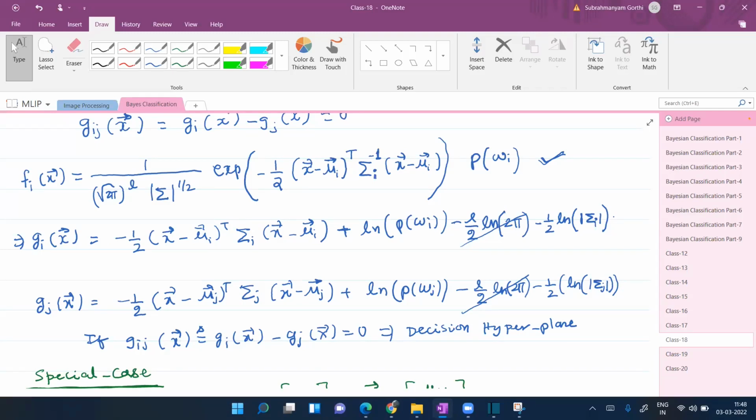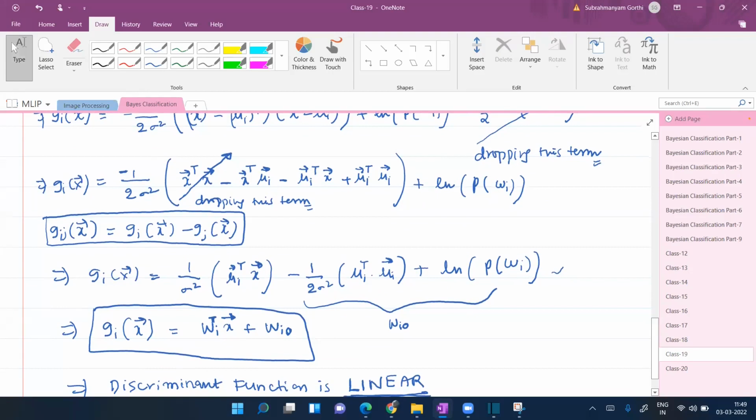This expression is good enough to begin with. What would happen? 1 by sigma square we have written, the reason being that it was a diagonal element. If that is not a diagonal element, remember that it's a scalar that we get out of each term.